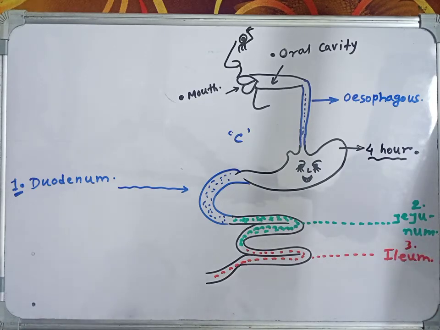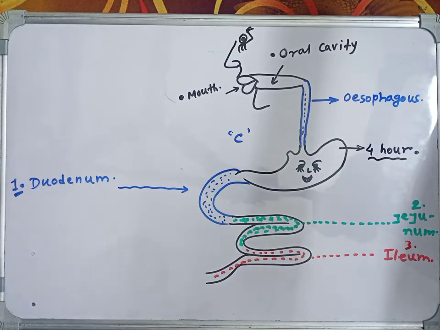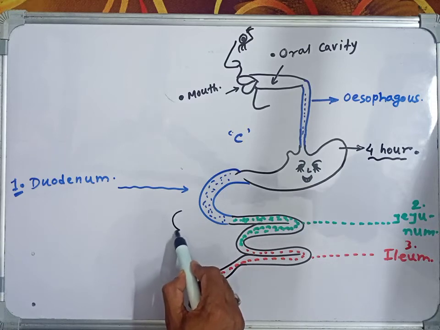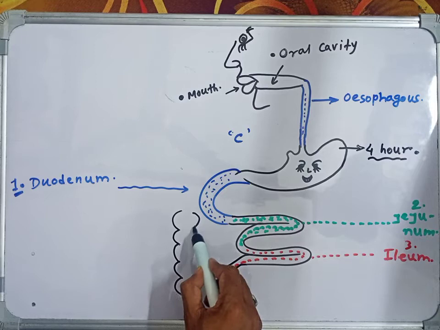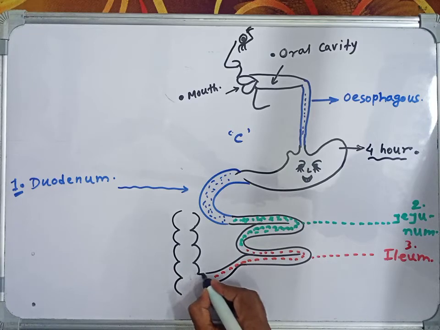Now this small intestine opens into the large intestine, right? And I will draw a very simplified diagram of our large intestine. That is our large intestine.